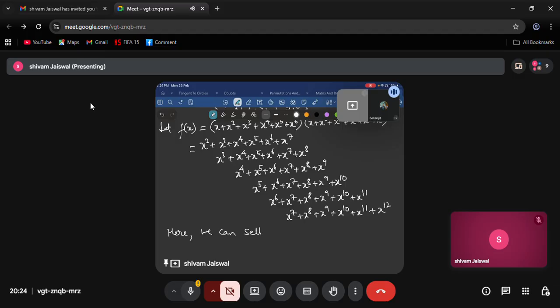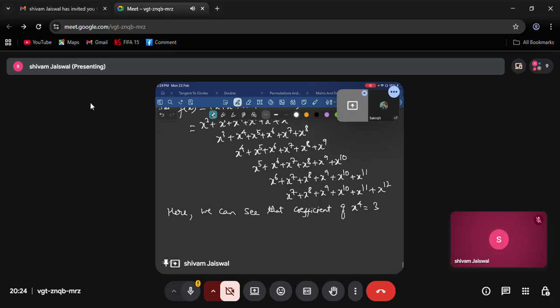You can see that the coefficient of x to the power 4 is equal to, what is the coefficient of x to the power 4? Tell me, 3.